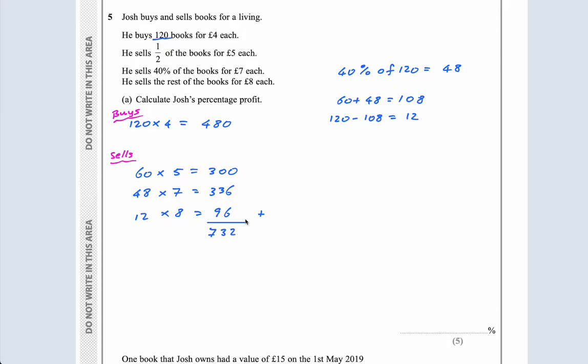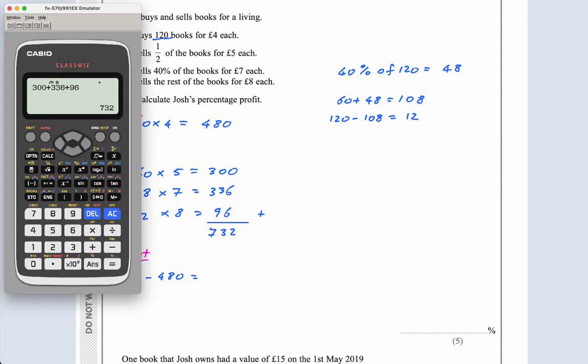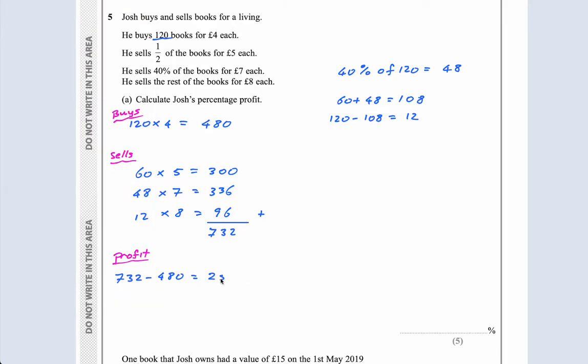Okay, so he buys them for £480 and sells them for £732. What's his profit? His profit is 732 minus 480, which is 252. So his profit is 252.